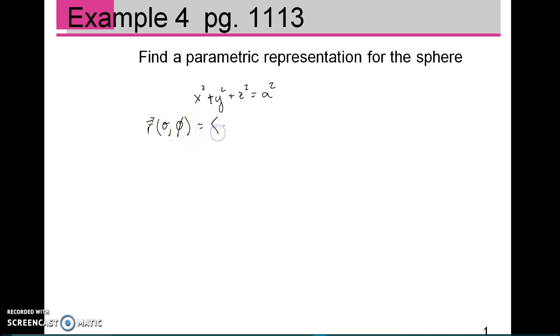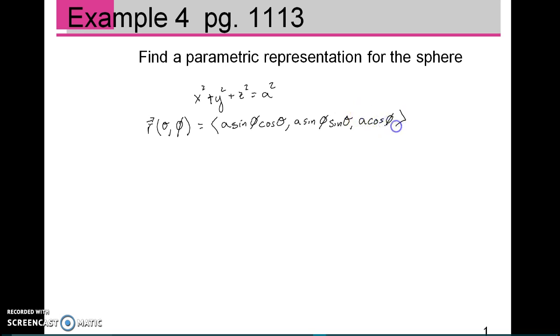Your x is a sine phi cosine theta, and then your y is a sine phi sine theta, right? And then z is a cosine phi.